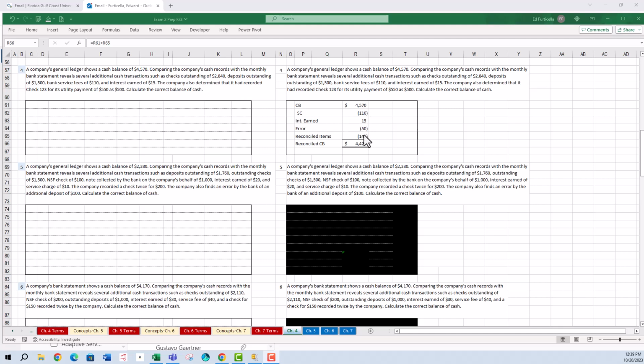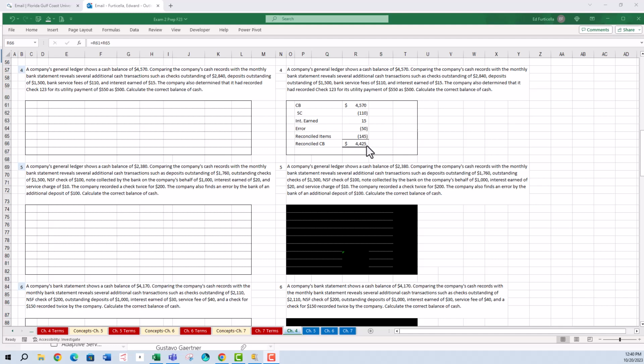In our calculation, we have a beginning cash position of $4,570, reconciling items of a negative $145, and a reconciled cash balance of $4,425. Our true cash position is $4,425.